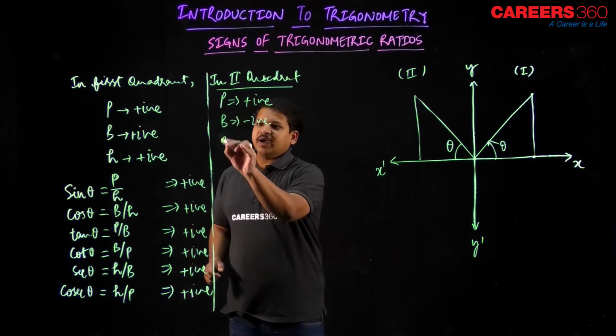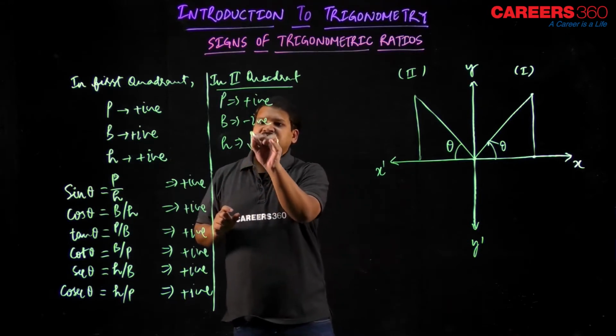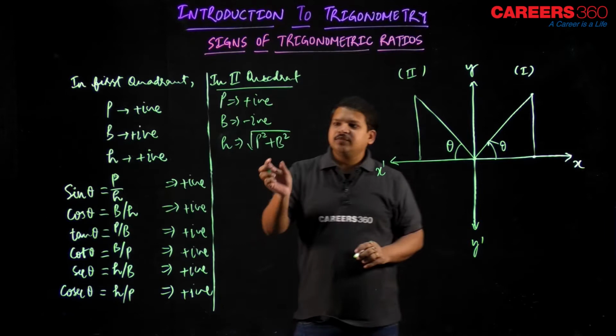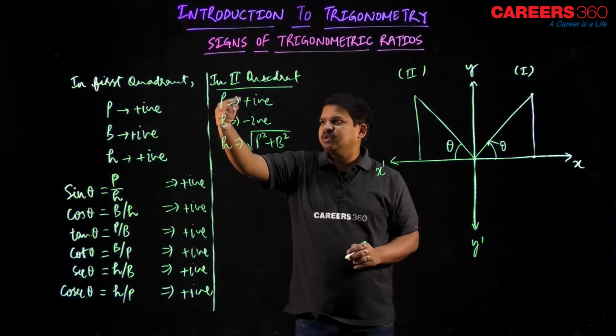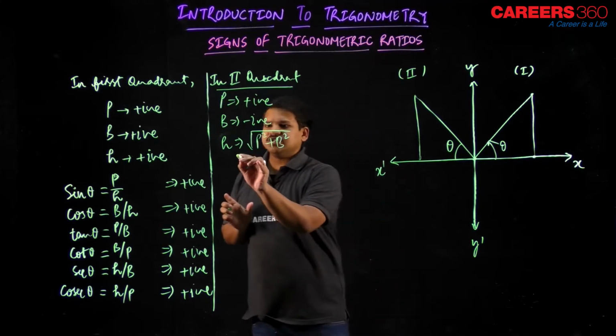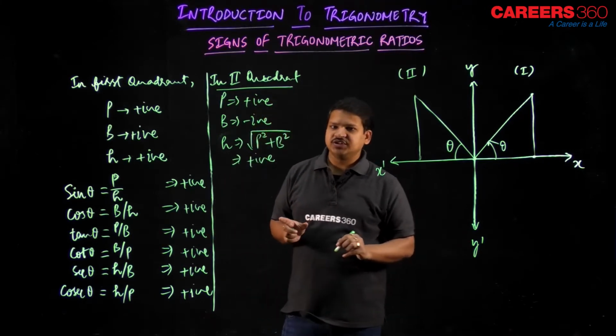Now if I talk about hypotenuse, hypotenuse is nothing but the square root of p square plus b square. So you must be noticing that whatever the value of p and b, h will always be positive.